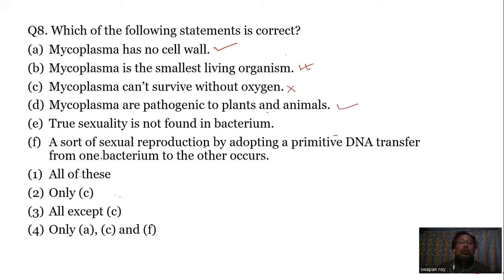This is true. E, true sexuality is not found in bacterium. This is also true. F, a sort of sexual reproduction by adapting a primitive DNA transfer from one bacterium to the other occurs. This is also true. So here all of the statements are correct except C.